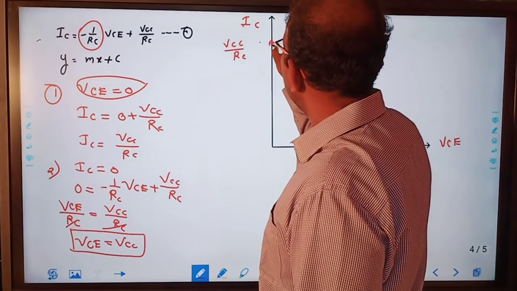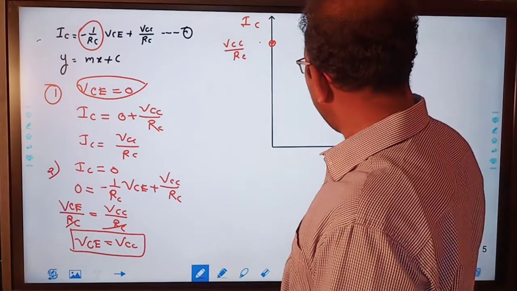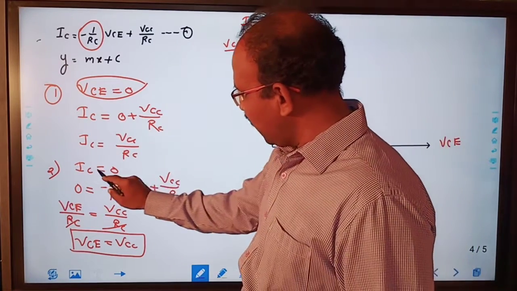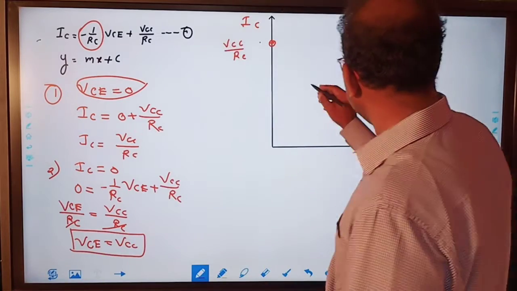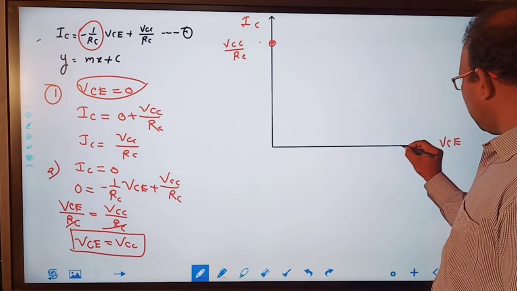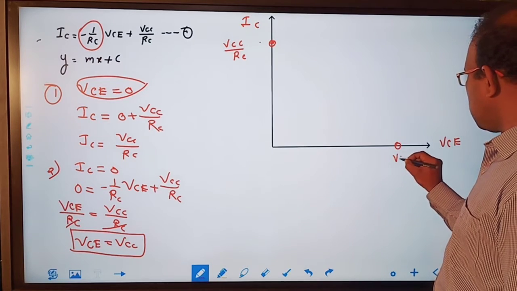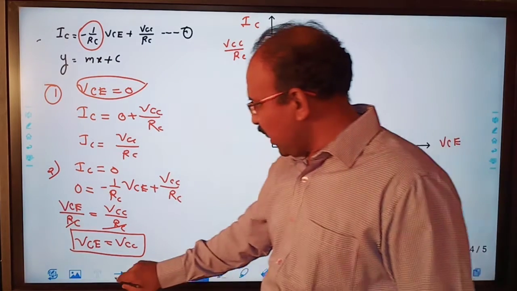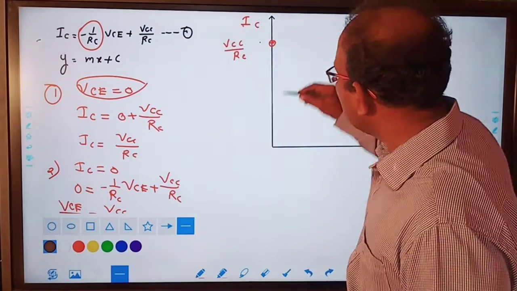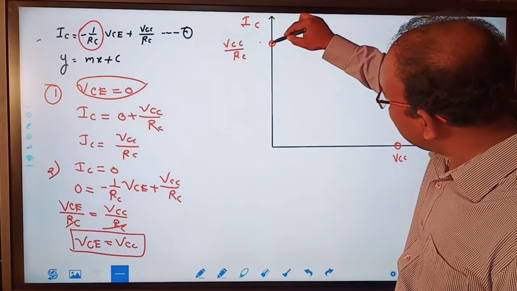And when IC is 0, VCE is equal to VCC. So the line will travel through these points.